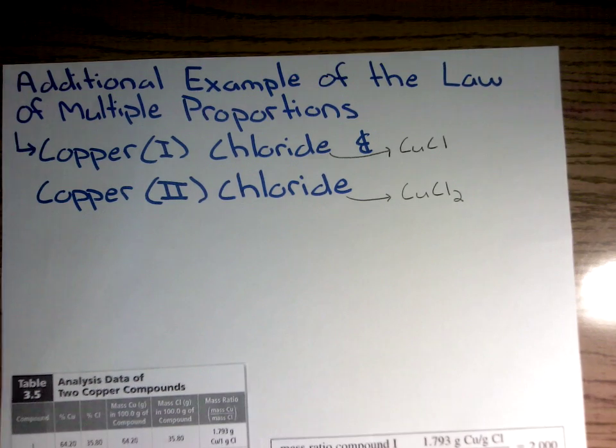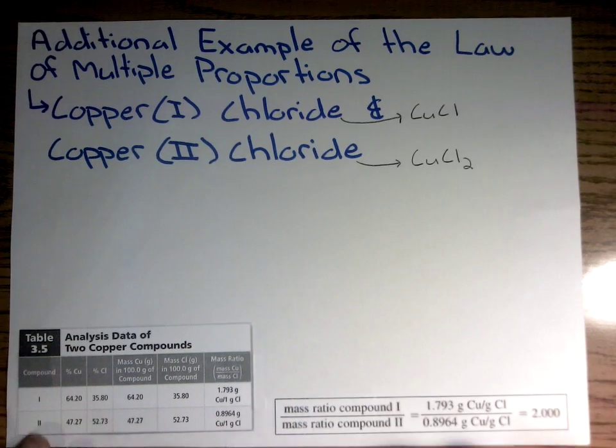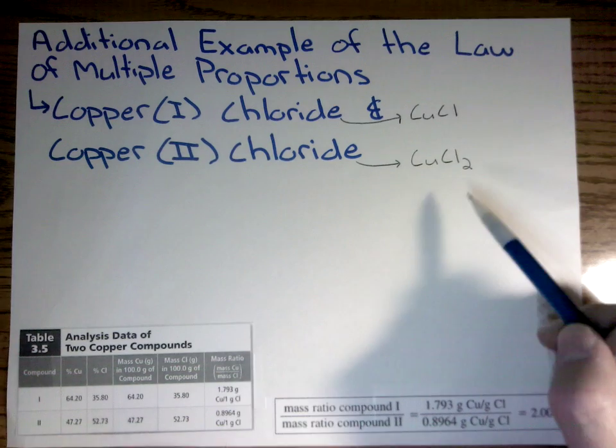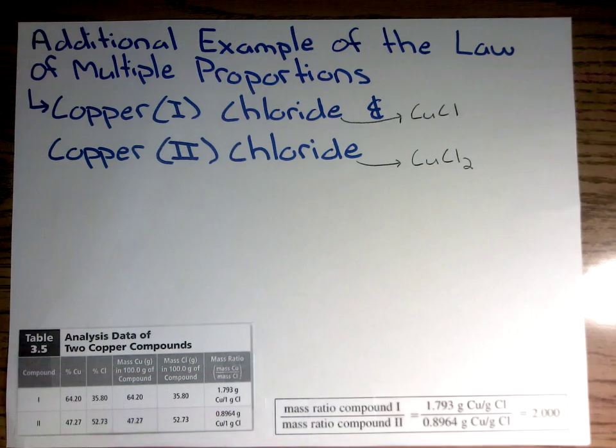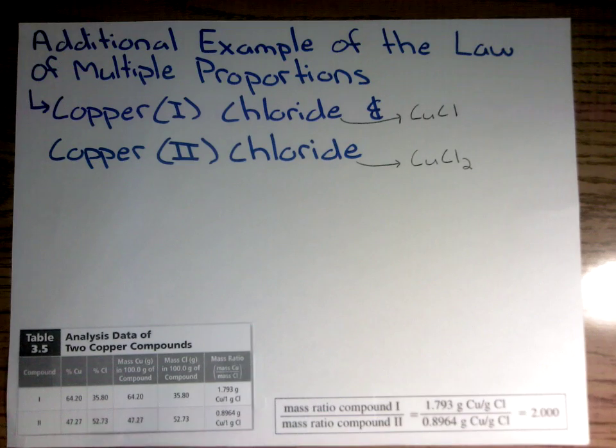A better way of putting that is that copper(II) chloride would have twice the amount of Cl compared to copper(I) chloride.